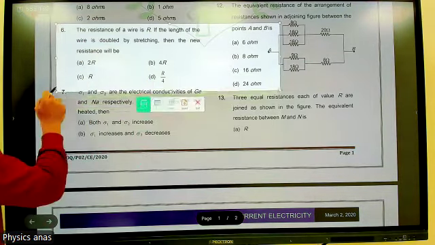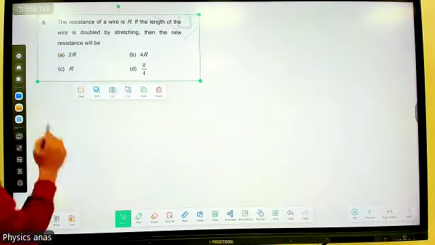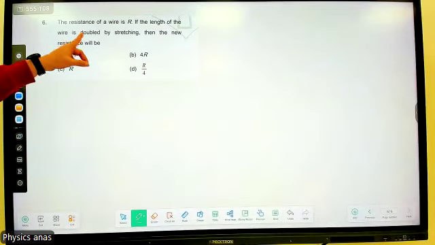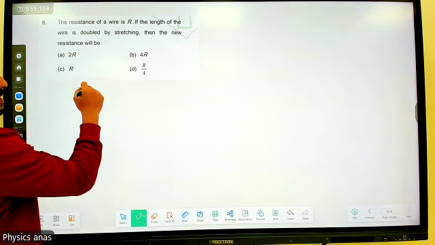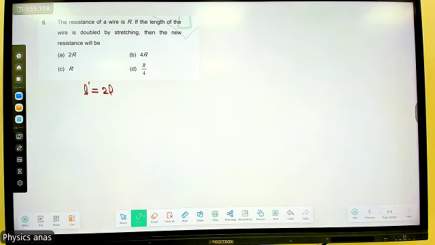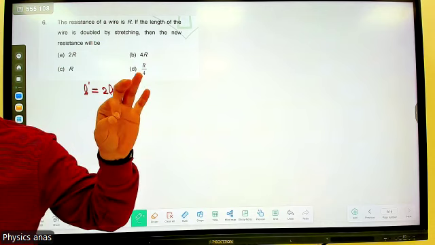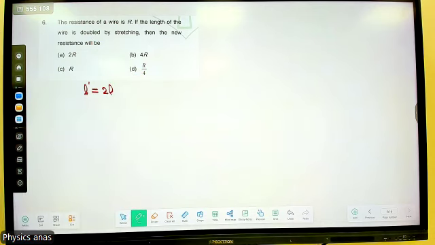What is happening here? Resistance of the wire is R. If the length of the wire is doubled by stretching it, the new length L dash becomes 2L. If you are stretching a wire, length increases. What happens to area? It decreases. If length doubles, area becomes half. How?